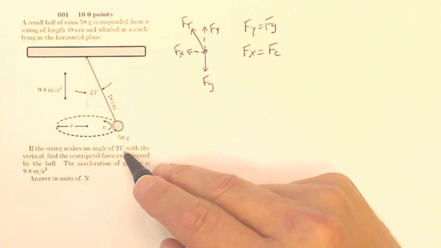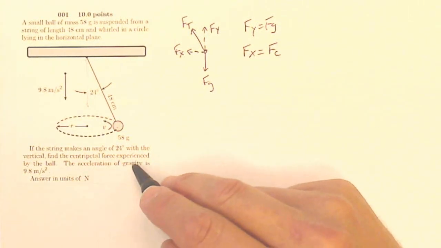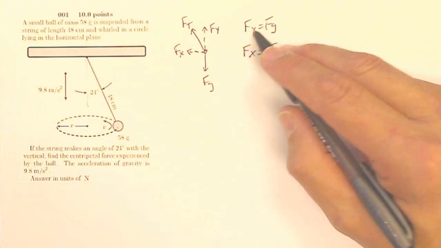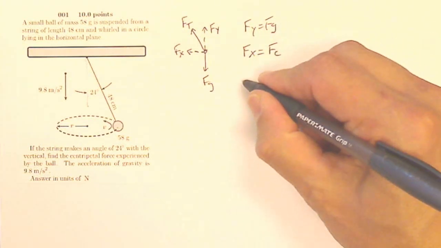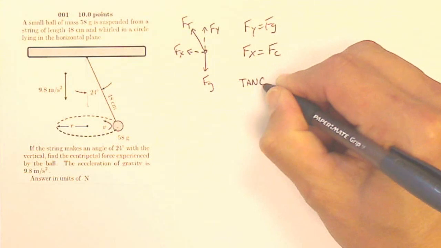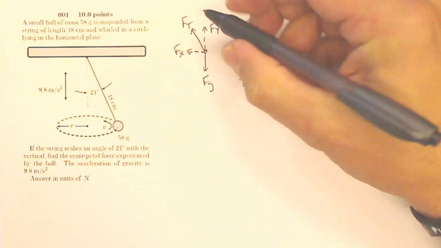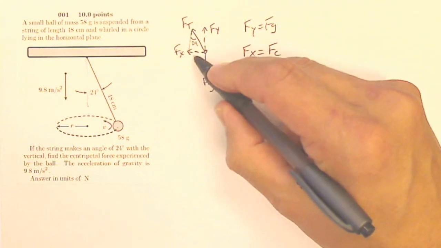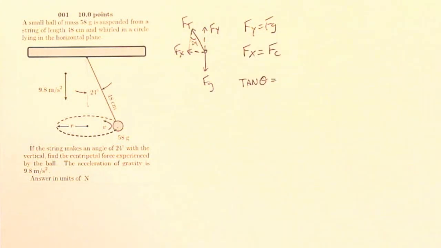So the string makes an angle of 24 degrees, find the centripetal force. So I'm looking for my x component. But I know that Fy equals gravity. I also know that the tangent of this 24 degree angle is going to be Fx over Fy.